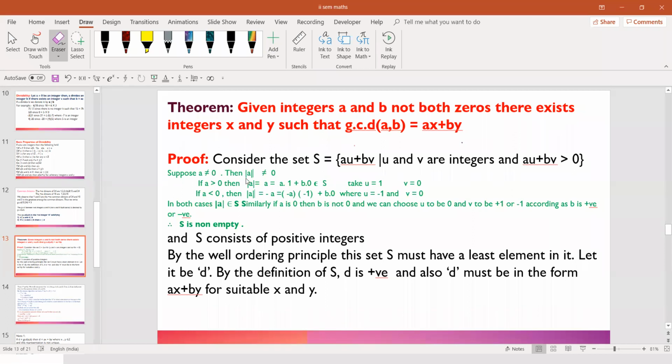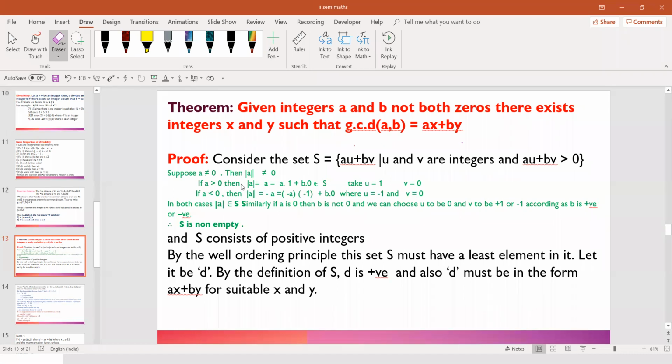When A is not 0, the modulus of A is not 0. You know what the modulus of A is? It is a positive integer always. A may be negative or positive, but the modulus of A is always positive. The modulus of an integer is 0 only when that integer is 0. So the modulus of 0 is 0, but here A is not 0, so the modulus of A is not 0.